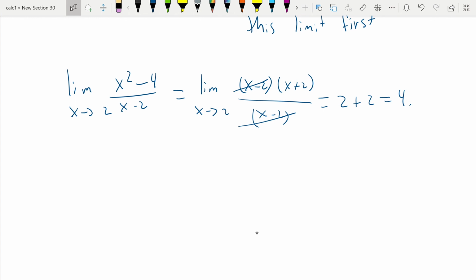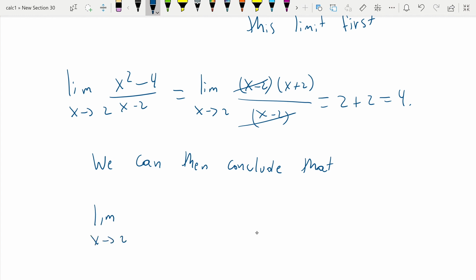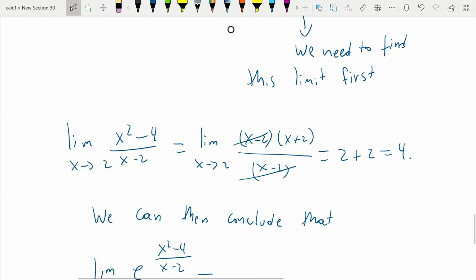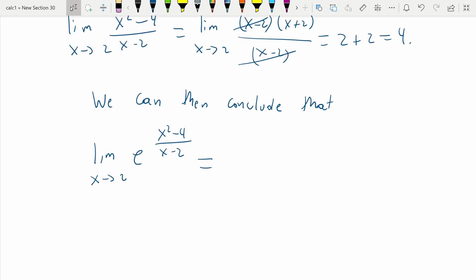And so we can conclude that this limit when x approaches 2 of e to the x squared minus 4 divided by x minus 2 is equal to e to the limit, and that limit is equal to 4.